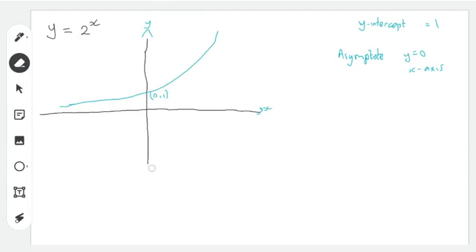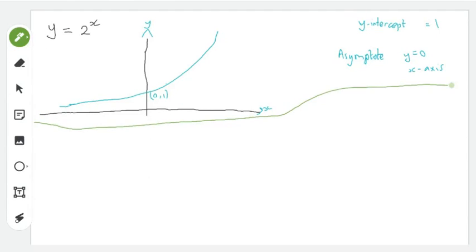Well, there's one. And now what we're going to start to do is draw variations of this curve. So next we're going to draw variations of the graph.